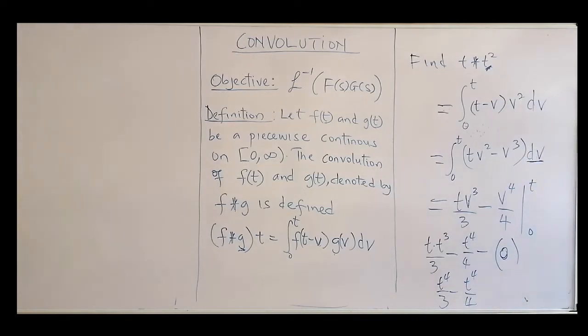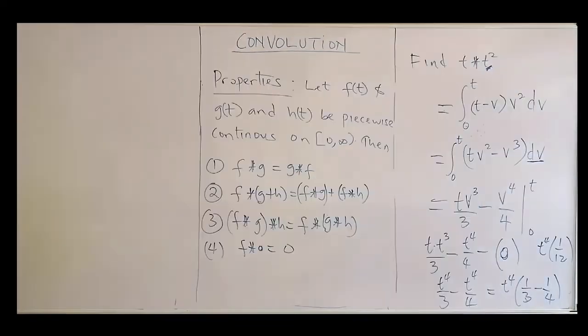That's our answer to that question. You can take t to the fourth out if you want to: 1 over 3 minus 1 over 4, which equals 1 over 12. That will be t to the fourth times 1 over 12. So that's that on that question.